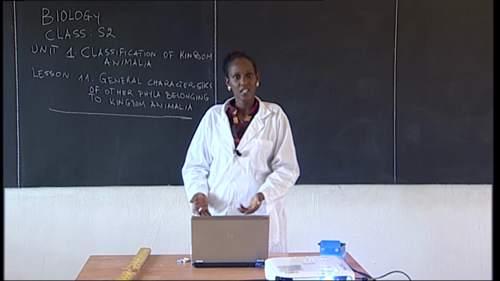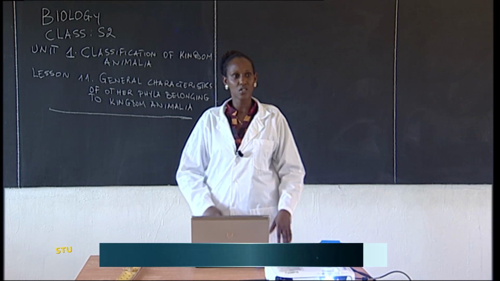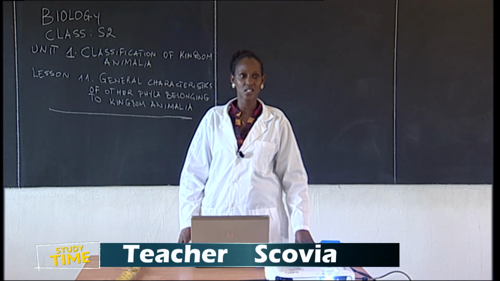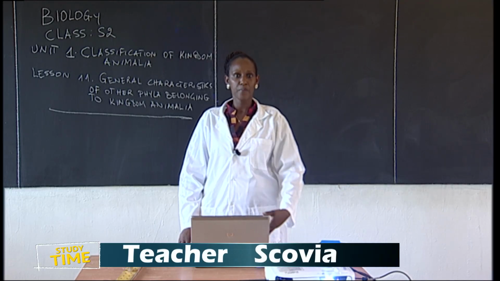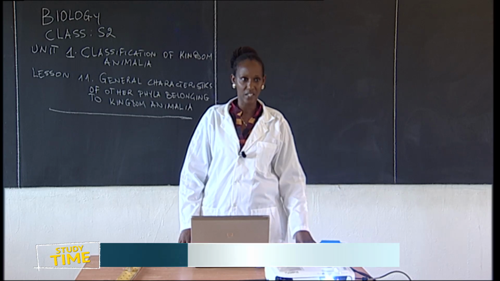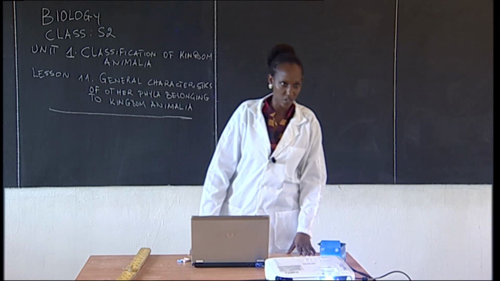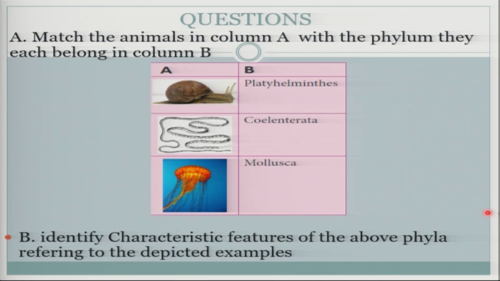Good. So these are the questions. I'll leave you with two questions to help you remember what we have just covered. They are on the screen. Question A: match the animals in A with the phyla they belong to in B. These are the animals' names, so you match.